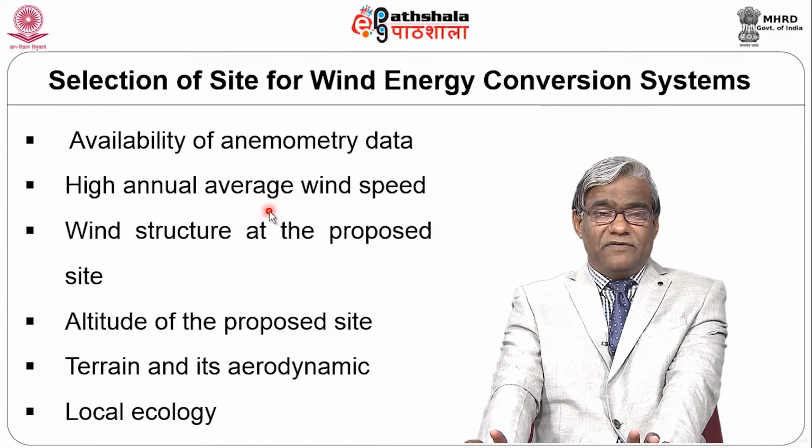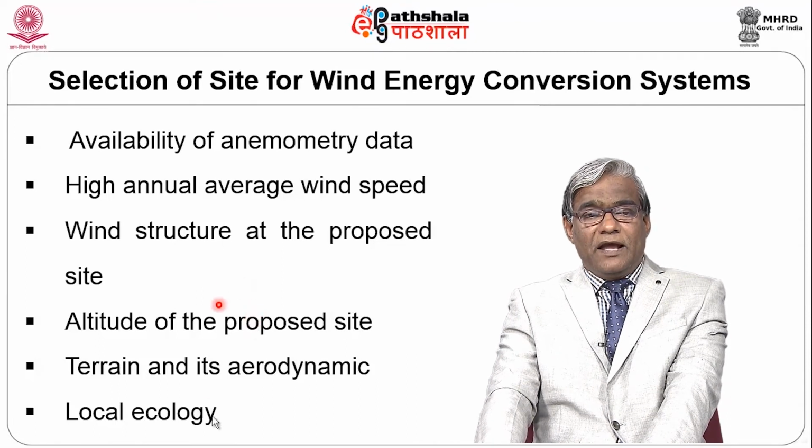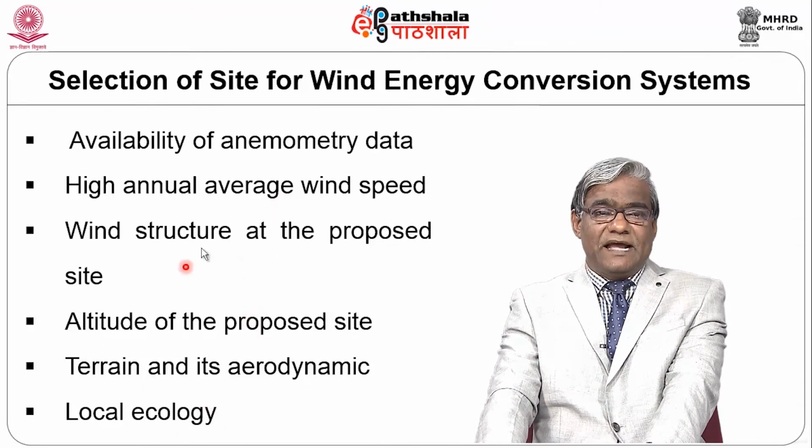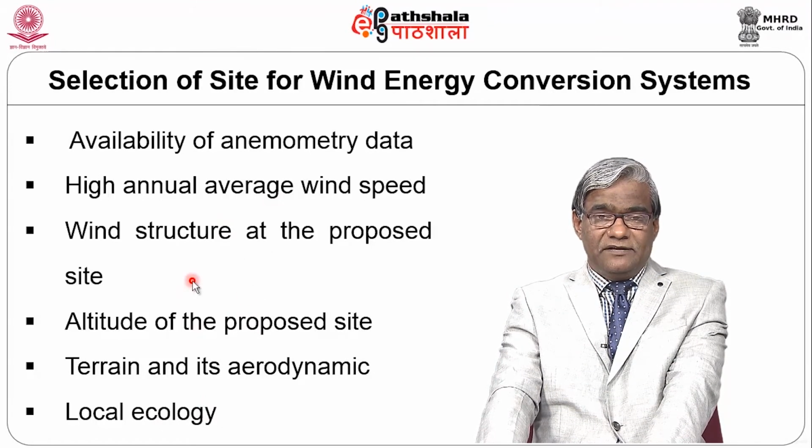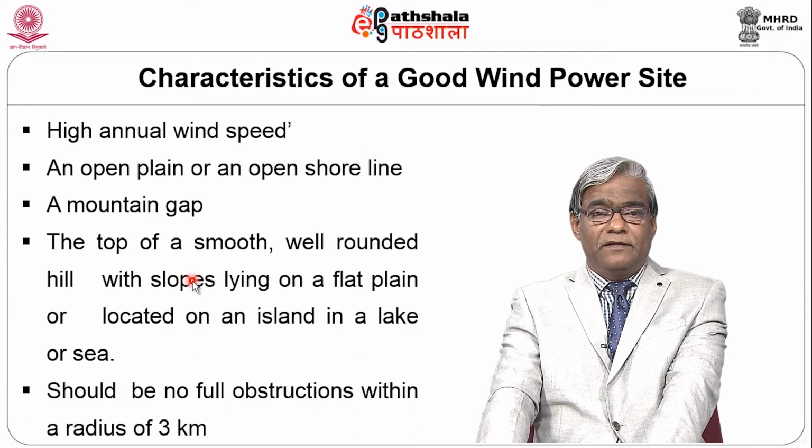You should have high annual average wind speed, and wind structure at the proposed site, and altitude of the proposed site, what is the height of the proposed site, terrain and its aerodynamic nature, and local ecology. All these parameters have to be considered when we select the suitable site for the installation of wind turbine generator.